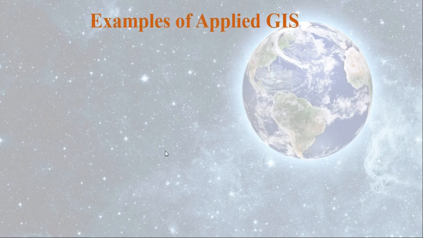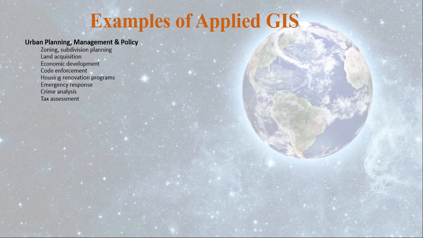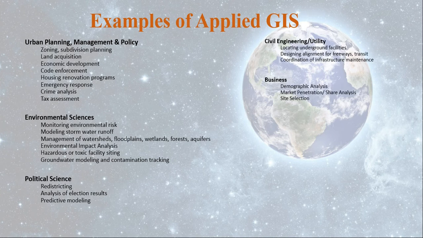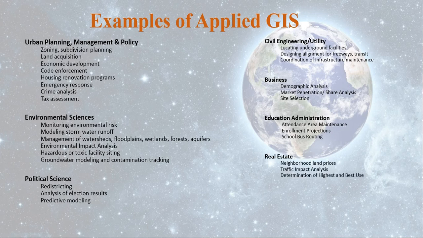Here, we see common uses of GIS in different fields. GIS is used in a wide variety of fields, from urban issues, environmental sciences, political sciences, civil engineering, business, education, administration, real estate, to healthcare.